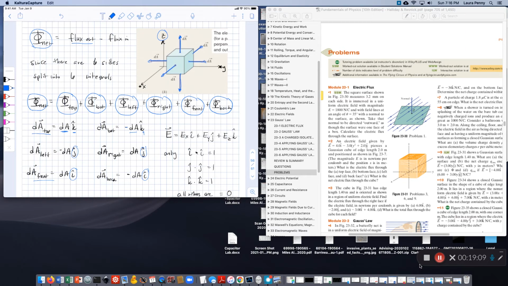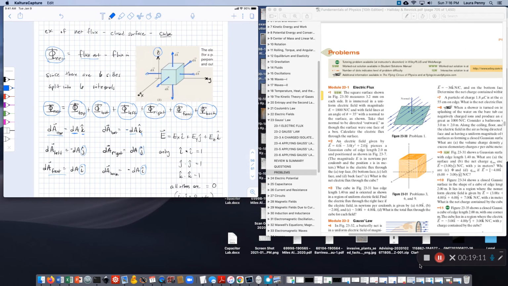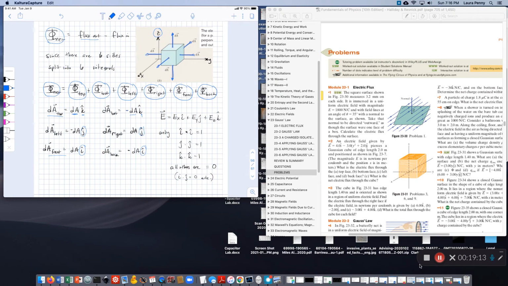Now remember, when we're doing vector dot products, only like terms, i hat with i hat, j hat with j hat, k hat with k hat, actually survive this multiplication process.